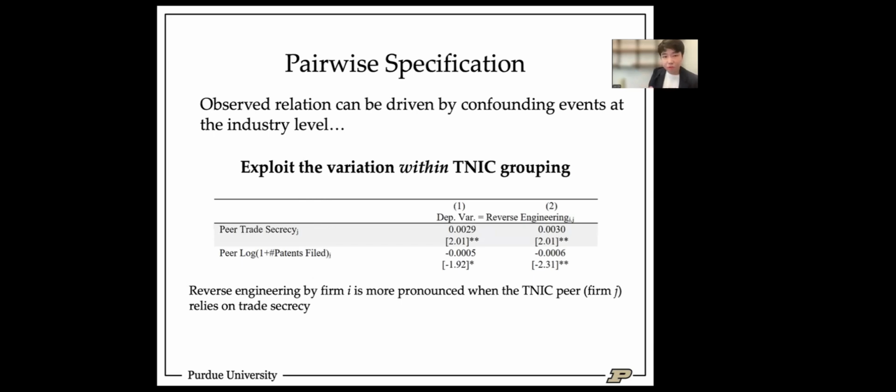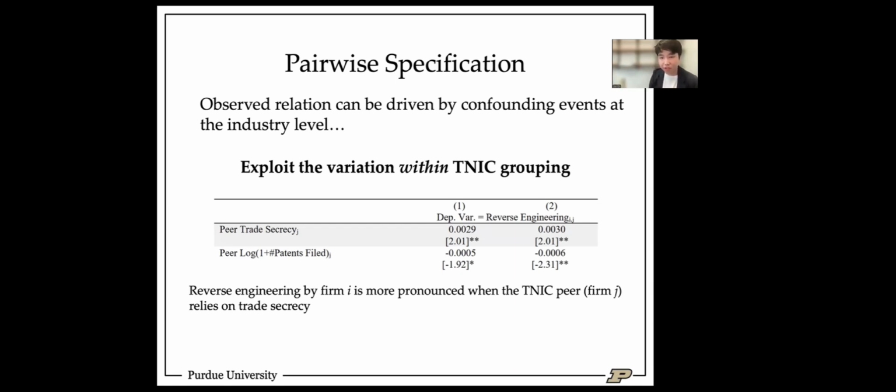Now, at this point, we also want to emphasize that moving beyond the panel regression setting, we also use a pairwise specification. The motivation is that the relation we just showed you could be driven by confounding events at the industry level. So now we're going to exploit the variation within the industry, specifically identifying companies within the industry that have trade secrecy versus those that do not.